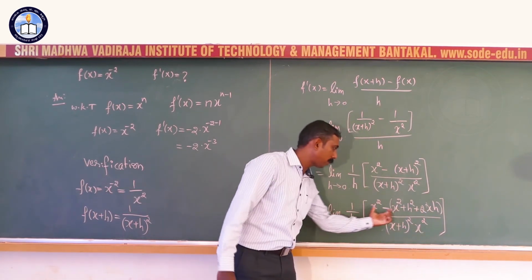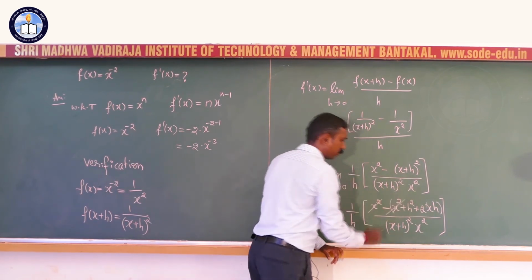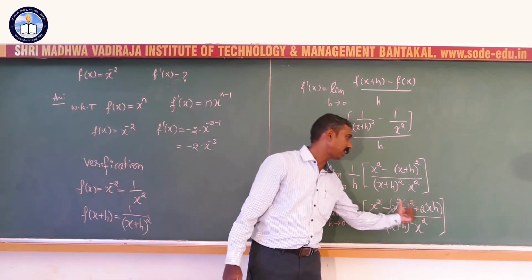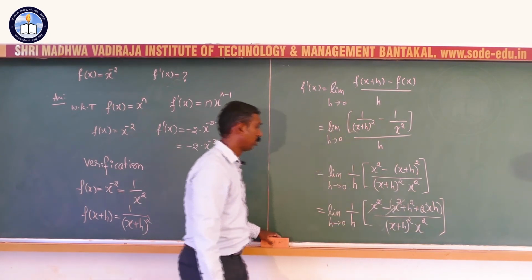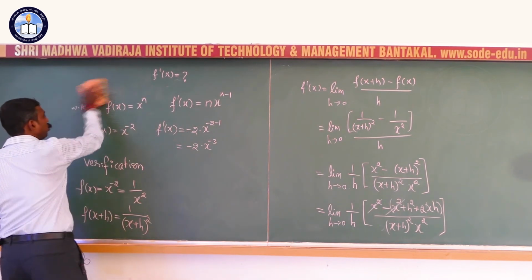Okay, now when you open the bracket, it is very clear as in the previous problems, x square gets cancelled and you will be left with h square plus 2xh. What we have to do? We have to take h outside.